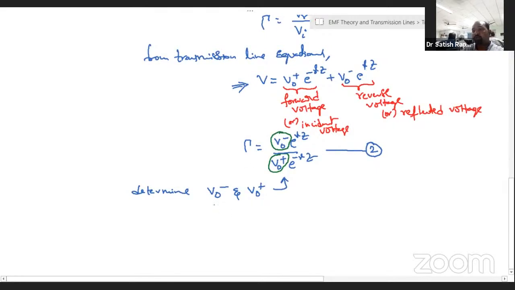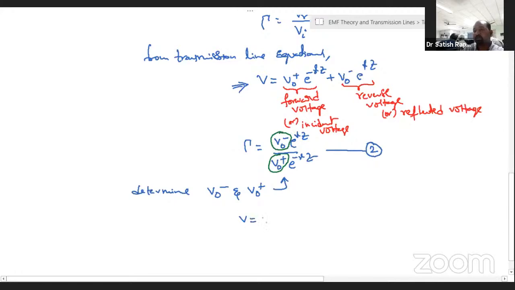Now how to determine V naught minus and V naught plus? Again, by considering transmission line equations. You can observe that in whatever topic I'm discussing, I'm using the transmission line equations, so they are very important.